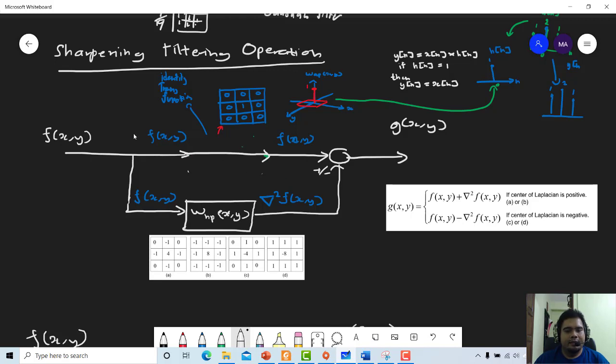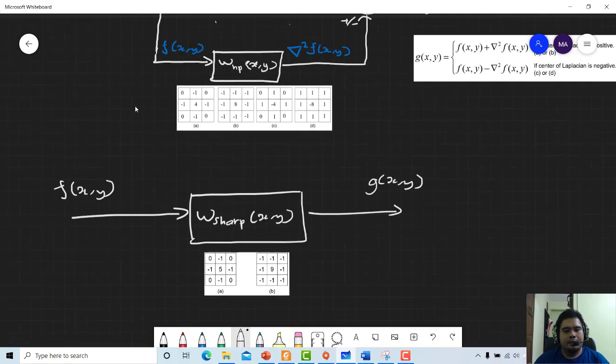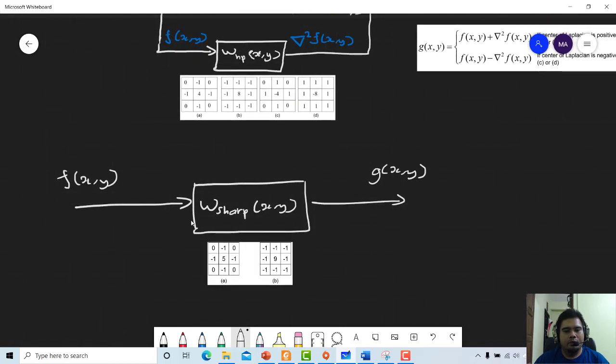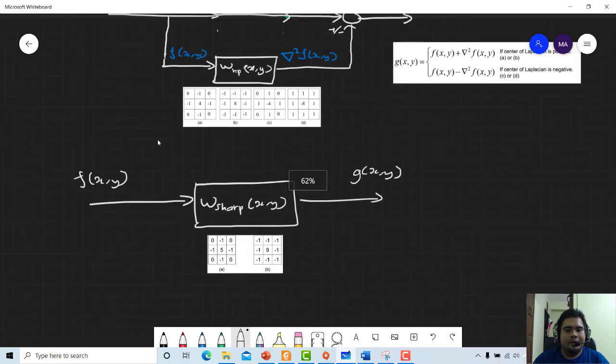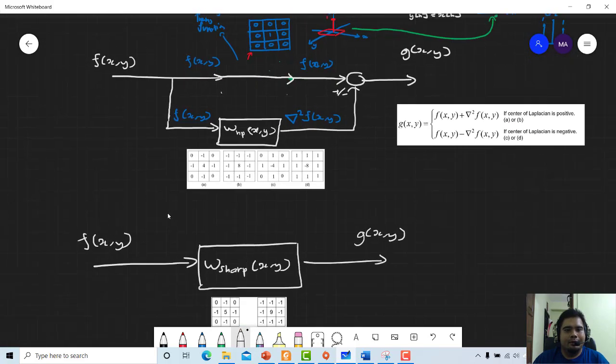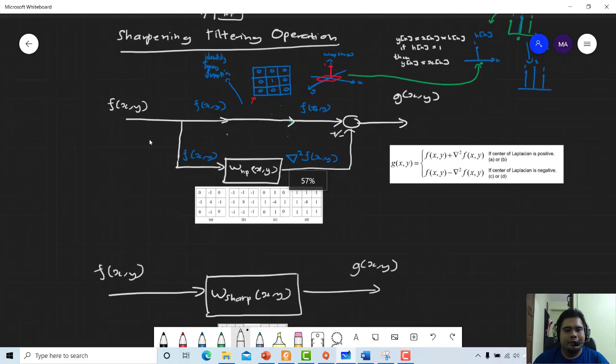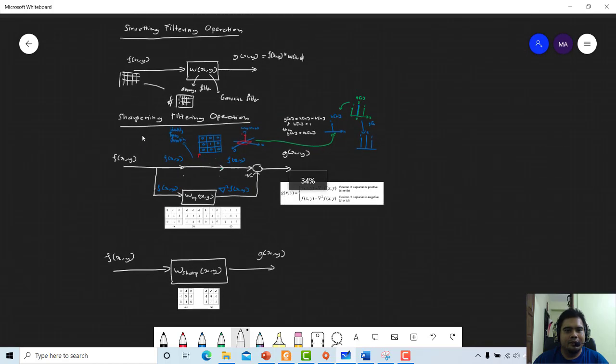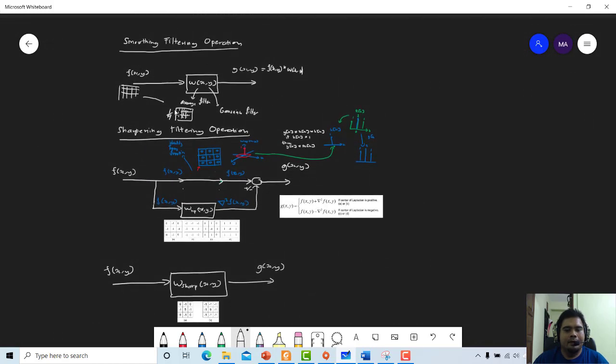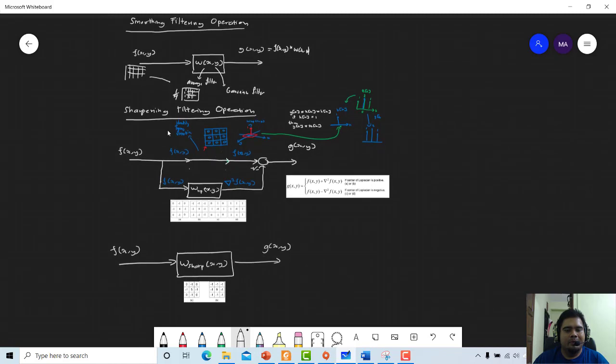So we can simplify the operations by having one filter, known as W sharp, for the sharpening operation, because now we want to simplify it. So now it looks like the smoothing, because remember smoothing is very simple. But now we want to simplify this sharpening filtering operation.